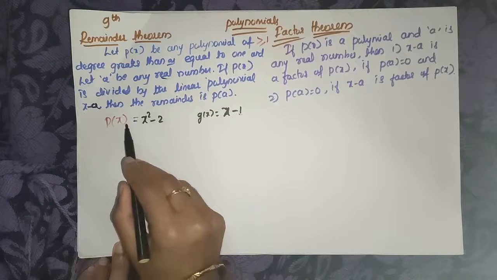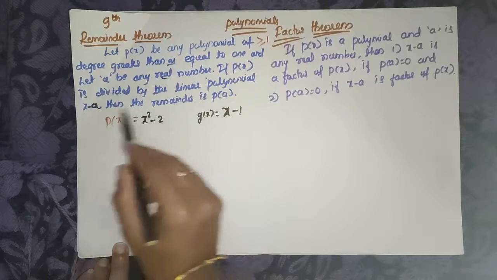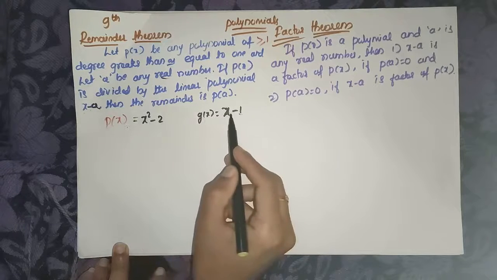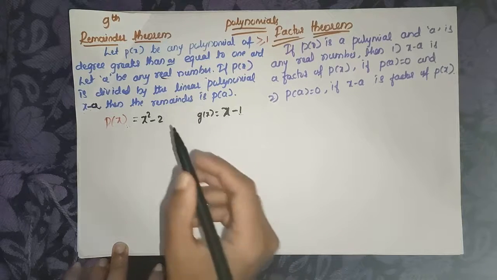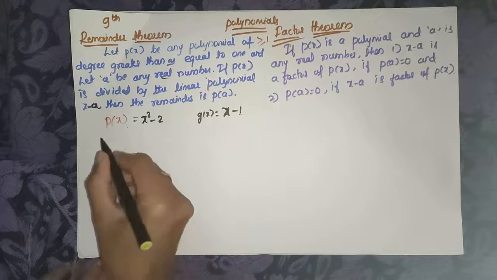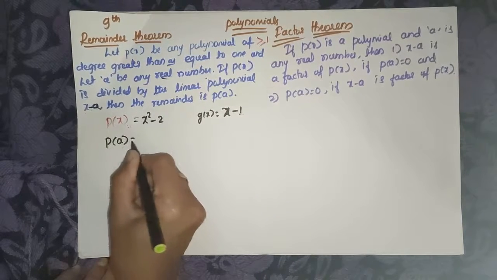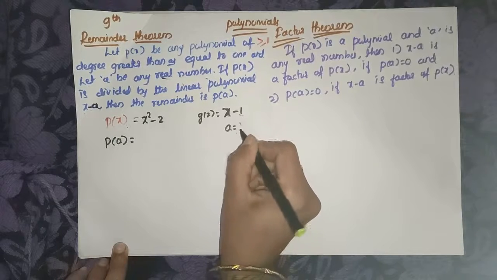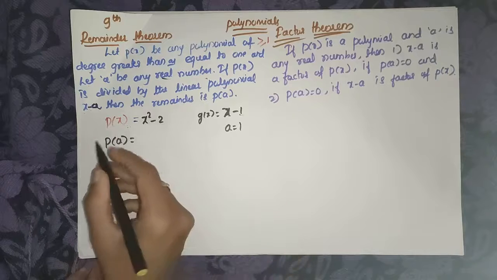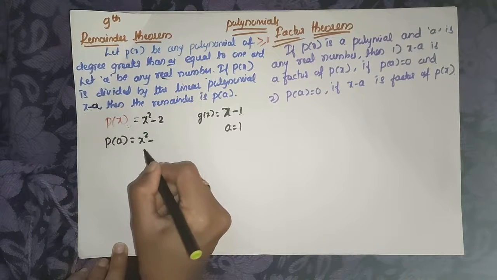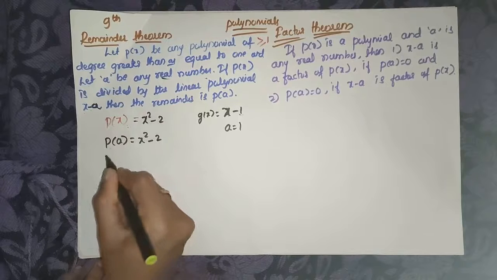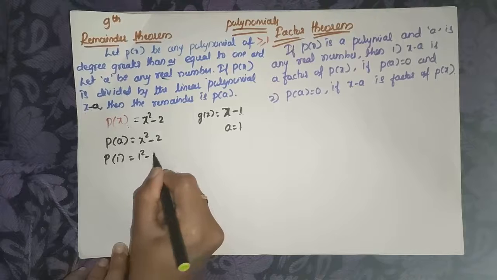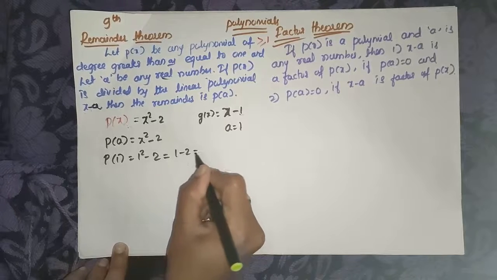So when this p of x is divided by g of x, x minus 1, then the remainder must be p of a. Here we have taken a as 1. So for x square minus 2, p of a is p of 1, which is 1 square minus 2, that is 1 minus 2 equals minus 1.